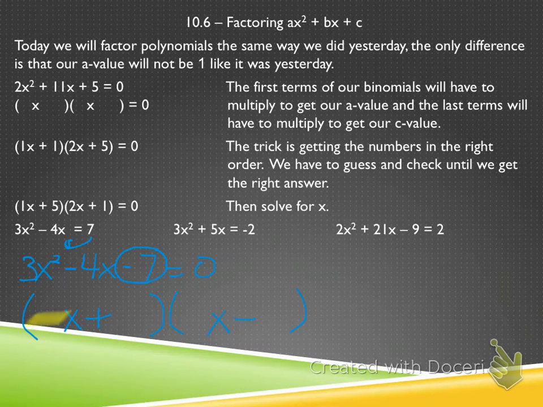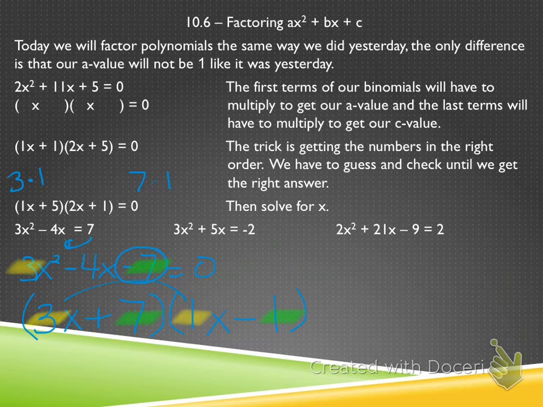Then again, my first terms have to multiply to get my a value. My second terms have to multiply to get me my c value. So 3 and 1 are the only ways to get 3. 7 and 1 is the only way to get my c value. And I just plug them in at random. So I'm going to do 3 times 1 and 7 times 1.